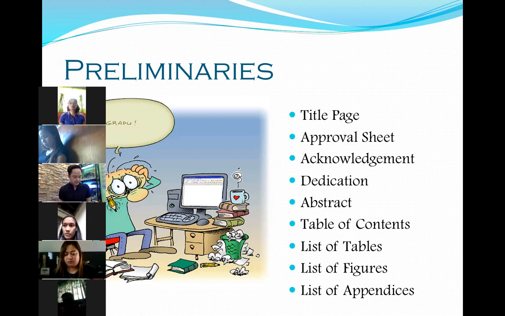Usually, in your case, that is an IV and DV model. No? And then, of course, the list of appendices, these are composed of your permission letter, communication letters, validation letters, including the instruments that you are going to utilize. So those are the parts of the list of appendices.